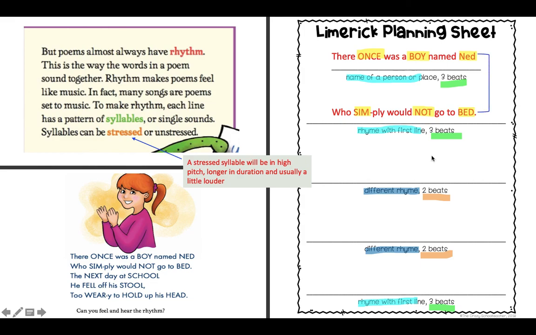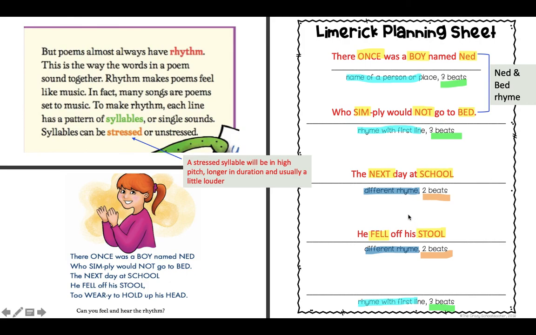And then we have the rhyming patterns. Remember that line 1 rhymes with line 2, and our rhyming words are Ned and bed. Okay, so now let's look at the middle lines. The next day at school, he fell off his stool. Next and school are our stressed syllables in the first of these lines, and fell and stool are our stressed syllables in this next line.